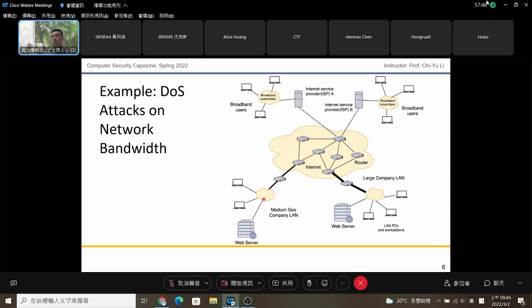If we set the filtering, for example, at this router, actually we are not able to judge whether the packets are sent out by this company or this company. So we need to set up the filtering mechanism at the border gateway of each network so that it can be effective. Okay.